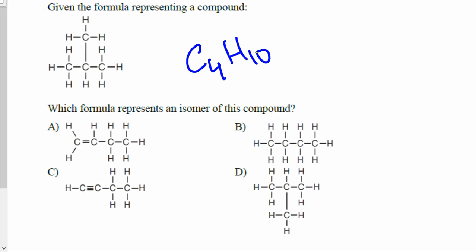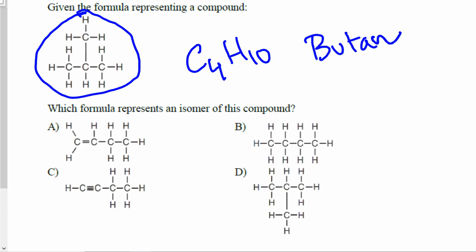So if I'm looking for an isomer, I also need to have 4 carbon and 10 hydrogen in that compound. If you notice the compound, it doesn't have any double bond in it. So it's a butane. So I'm looking for an isomer of a butane.